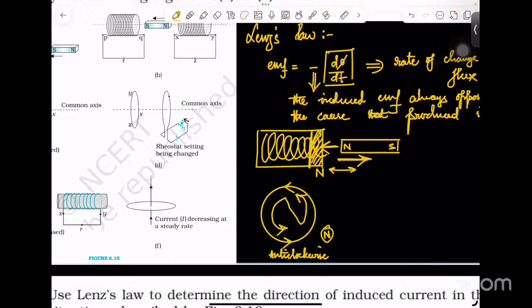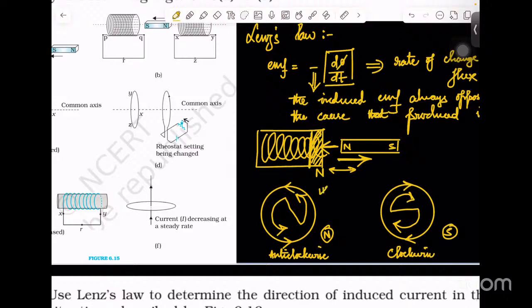And while looking at the coil, if the current moves clockwise, then it is considered as the south pole. So these two you need to remember: anti-clockwise means north pole and clockwise means south pole. So this is Lenz's law. This negative sign is Lenz's law.